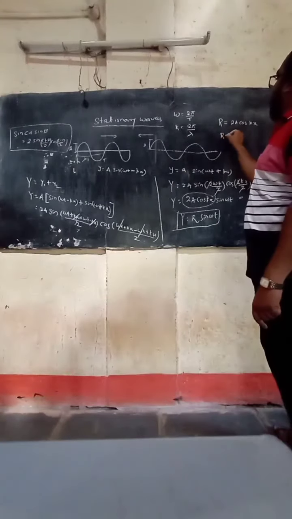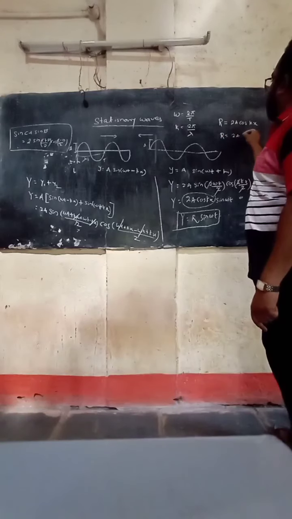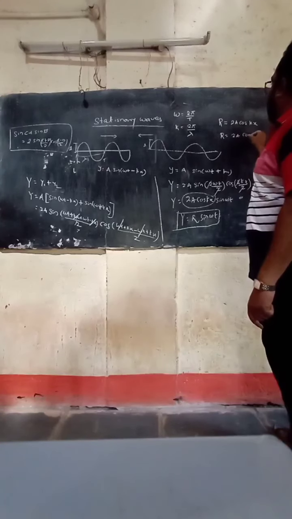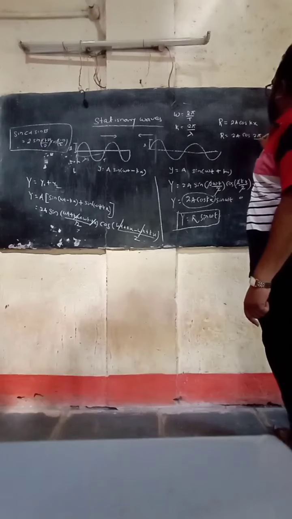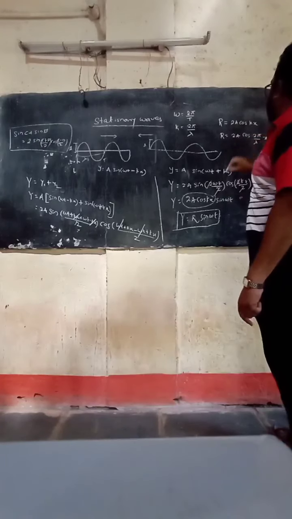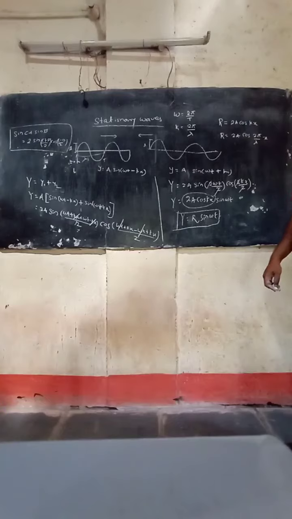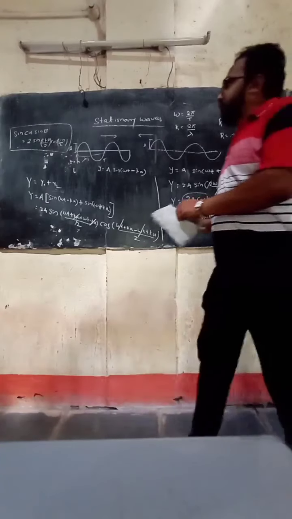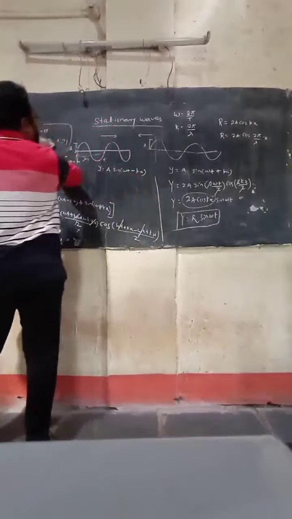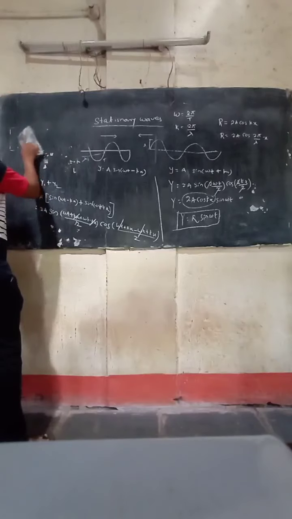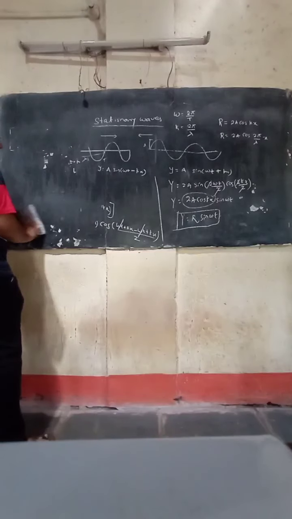So you can also write the resultant amplitude R as 2A cos(2 pi by lambda into x); in place of k, we can write 2 pi upon lambda. This is the derivation of stationary waves. Pause the video and write this.